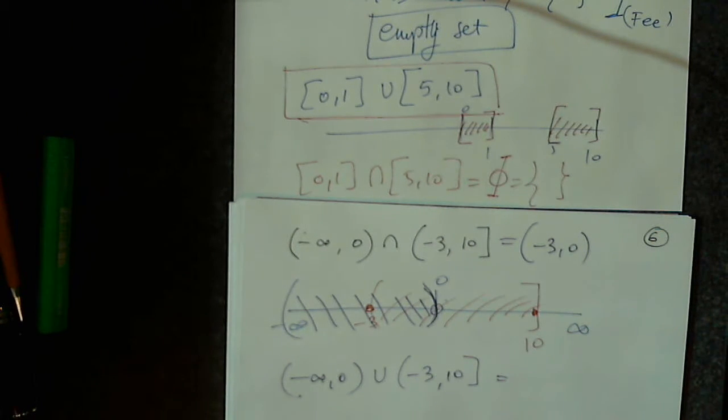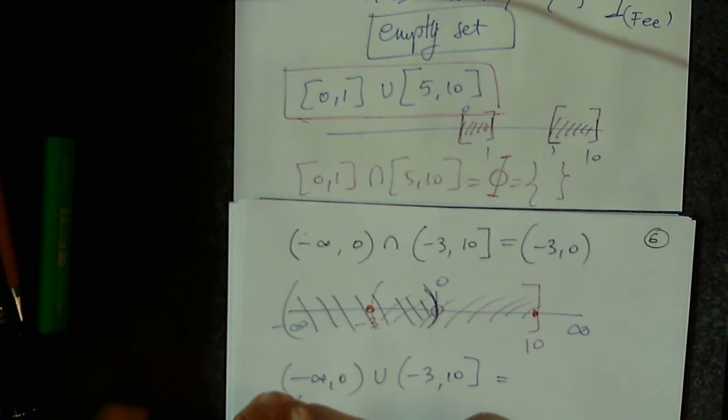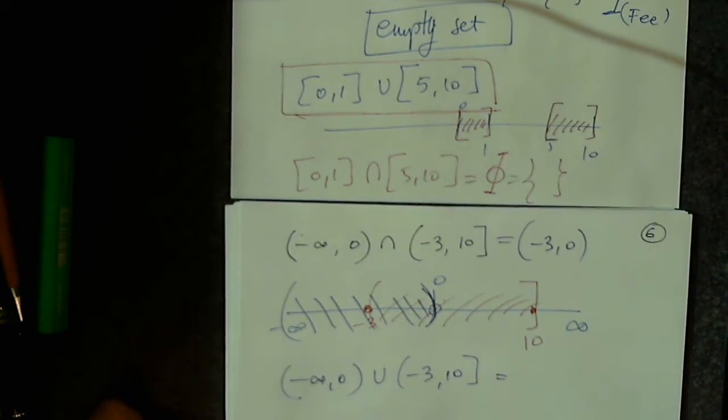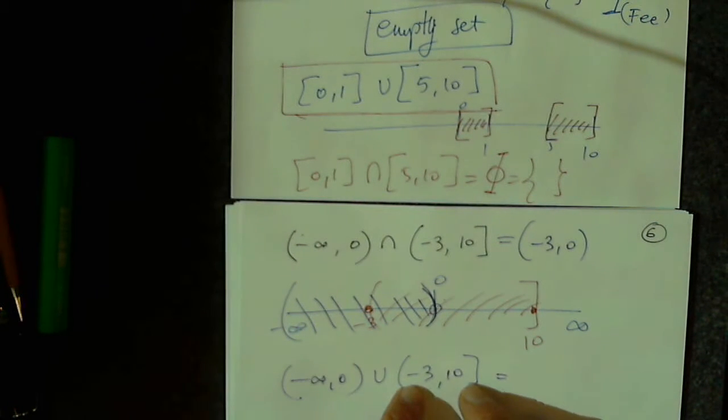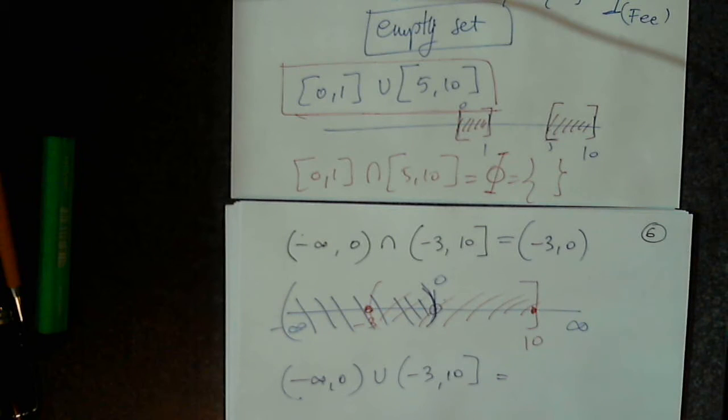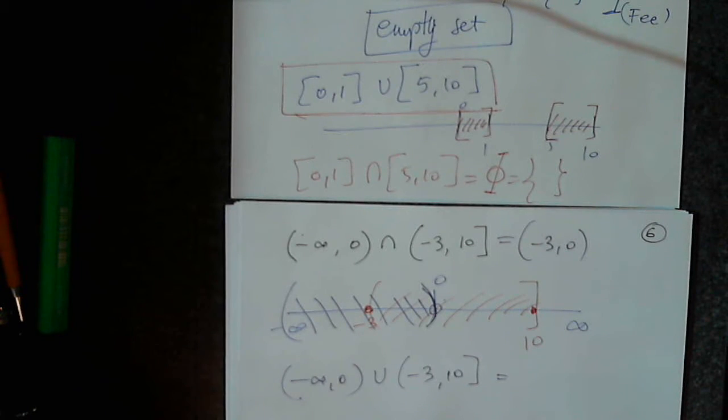You're bringing all sorts of foods, and they are included somewhere between negative infinity and 0. I also come to the party, and I bring in negative 3 to 10. So this is the food I bring in. It's somewhere between negative 3 and 10. And now we have everything laid on the table. What can we share? Not what we have in common.